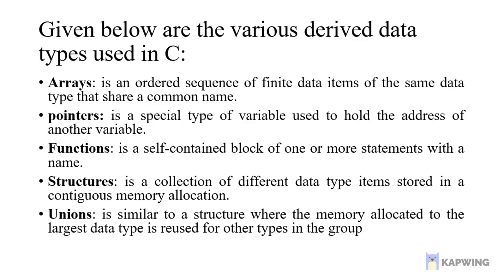Mostly we use structures for linked lists and memory allocation. If we want to use linked list type of data, there we use the structure. Next comes the union. A union is similar to the structure, where the memory allocated to the largest data type is reused for another type in the group. So this is the derived data type.